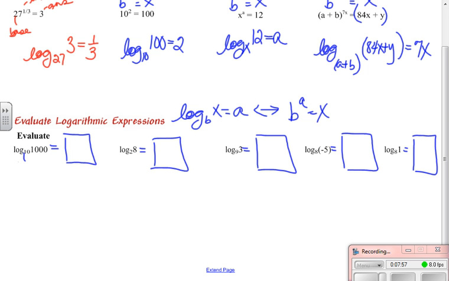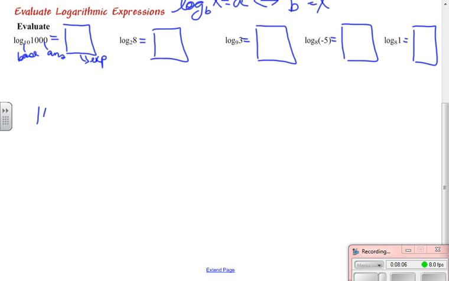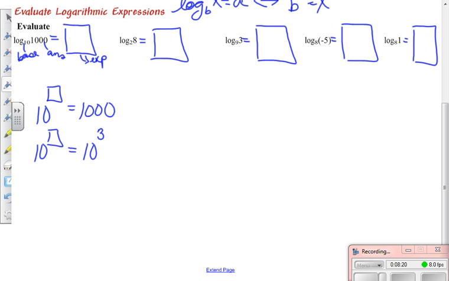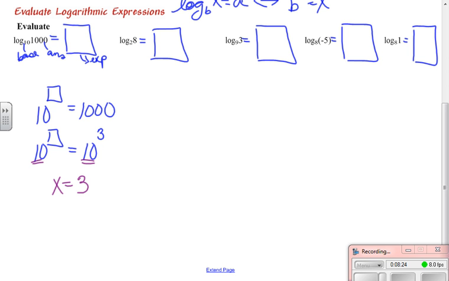So this is our base, this is our answer, and this is our exponent. So we're thinking about 10 to what power equals 1,000. Well, if we use yesterday's concept, 10 to what power is equal to 10 to the third, well, we know, like bases, that our powers are equal.